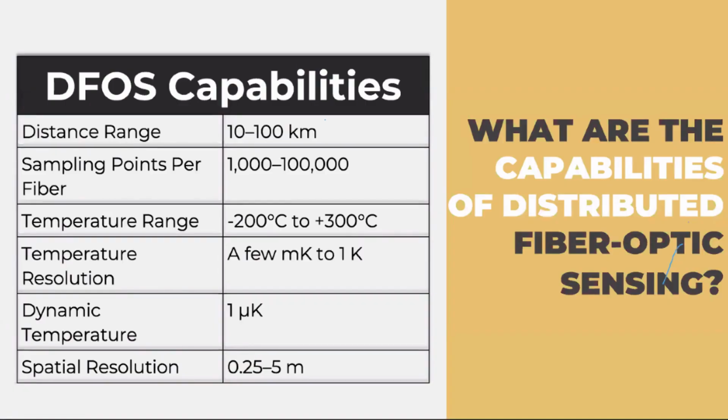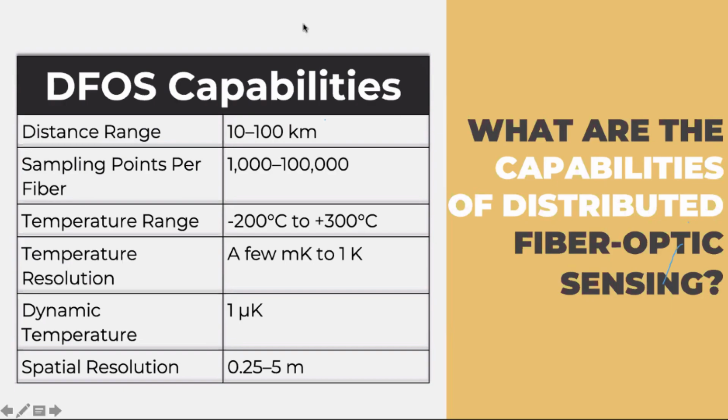These are some capabilities of distributed fiber optic sensing technology. The range can vary from 10 to 100 kilometers based on the conditions and the technology that we use. For distributed sensing, we typically use a sample spacing of 1 meter, but it can be increased or decreased depending on the project requirements.